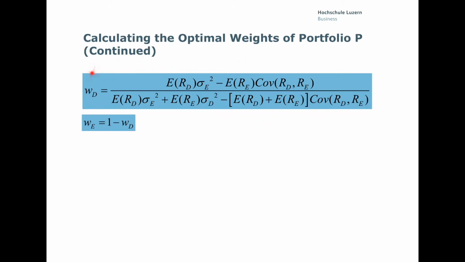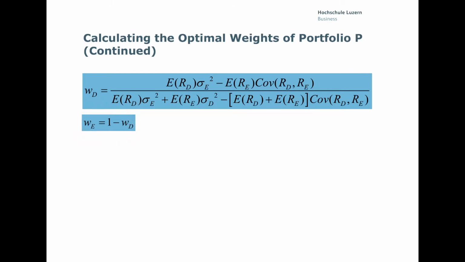Notice that the solution employs excess returns denoted with a capital R rather than total returns. The weight of equity is simply the difference adding up to 100%.